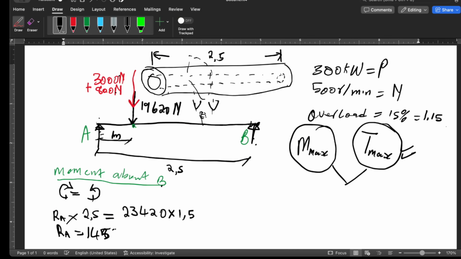14,052 Newton. Now we have reaction at A. There's no need to calculate reaction at B, right?